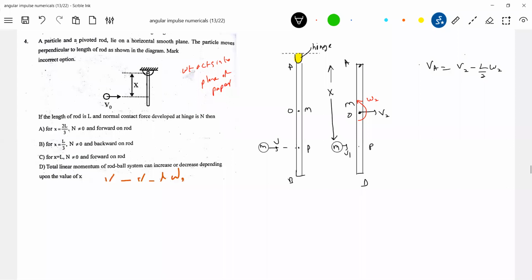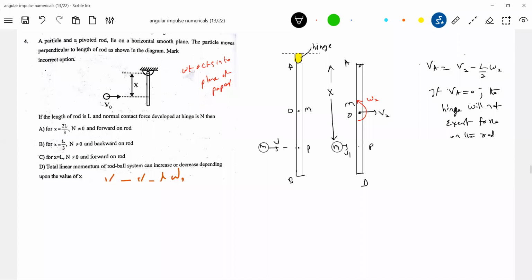Then for no force, if VA equals 0, the hinge will not exert force on the rod.